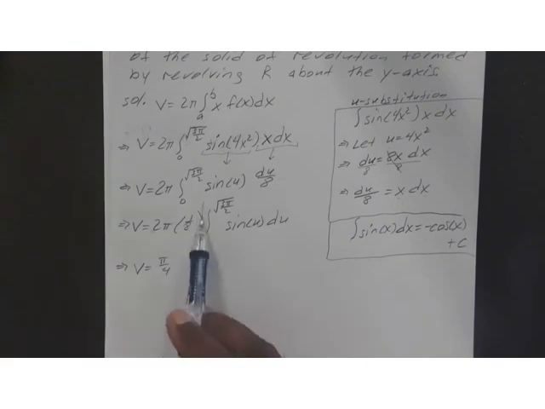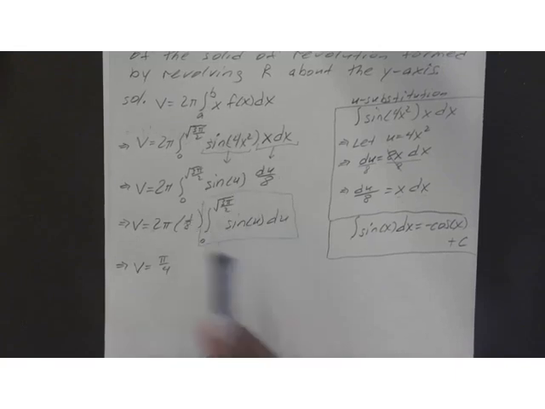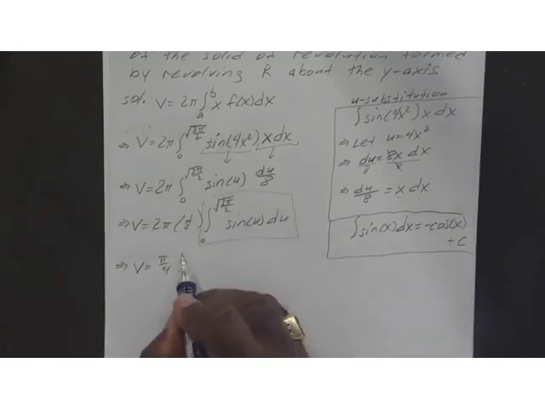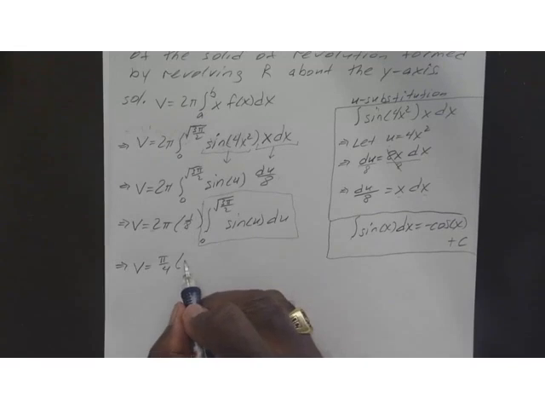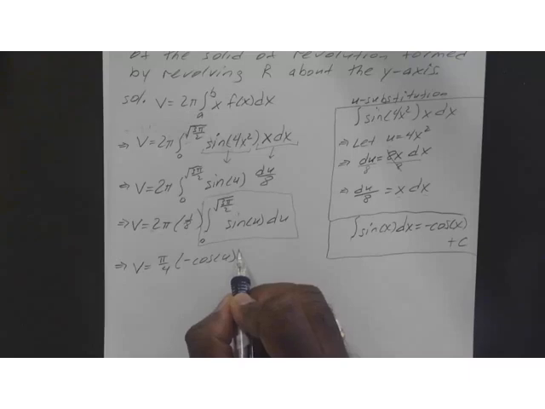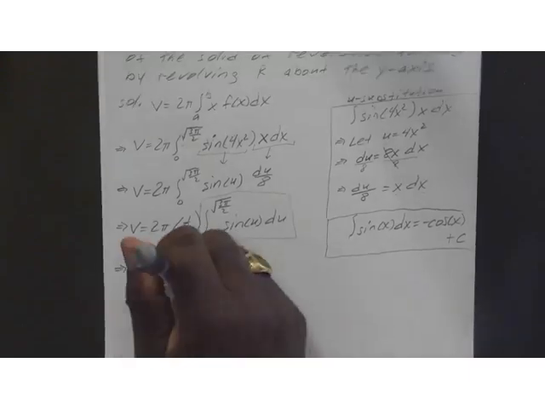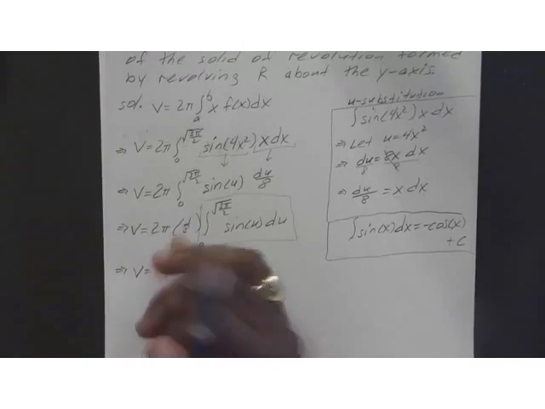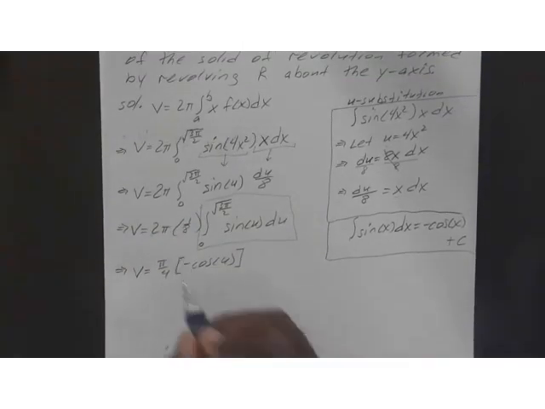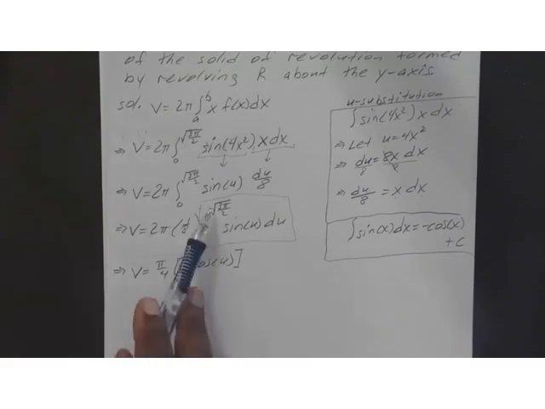And we know that the integral of sine of u with respect to u is just negative cosine of u. And I'll use the bracket since we're going to put the upper and lower bounds in there. Okay. But we know that this is from x equals 0 to x equals square root of 3 pi over 2.